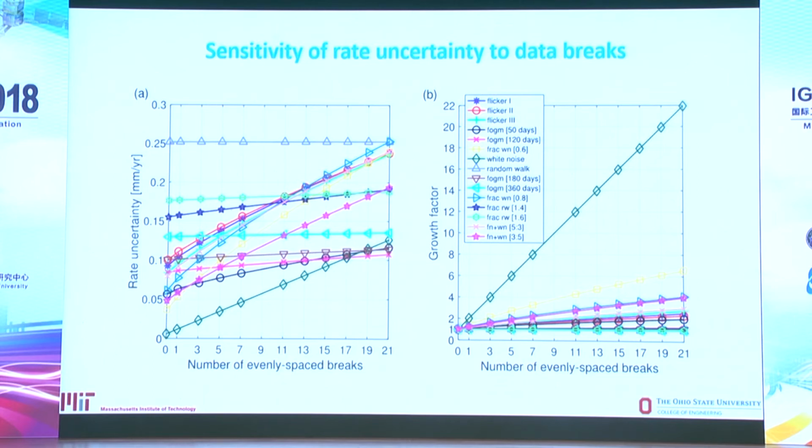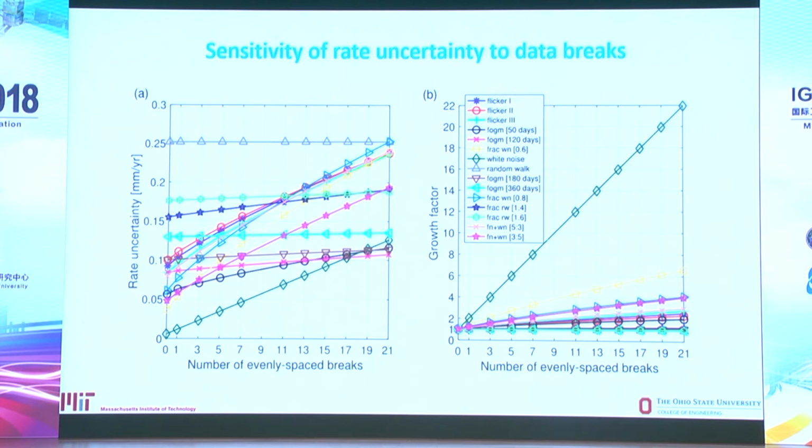So this number actually reflects the number of times the uncertainty will be increased by a given number of data breaks. It's very interesting to see that this growth factor is linearly dependent on the number of data breaks. It doesn't matter whether it's temporally correlated or white noise, they will all have the inflation of the uncertainty in the rate.